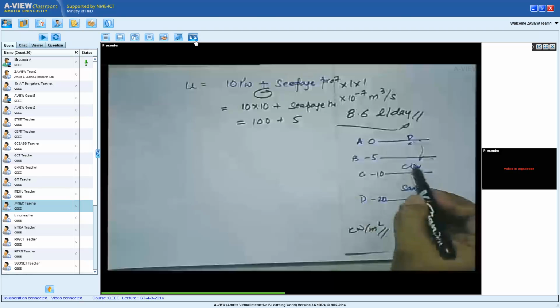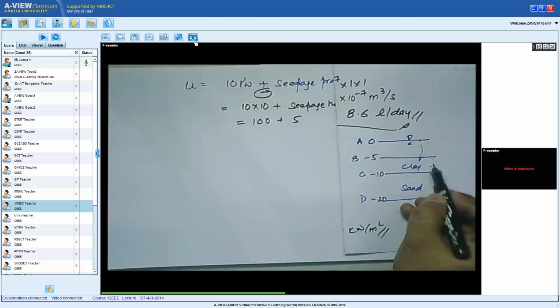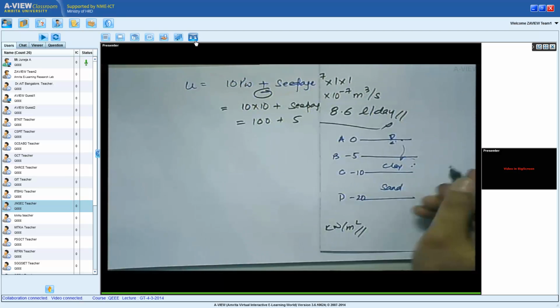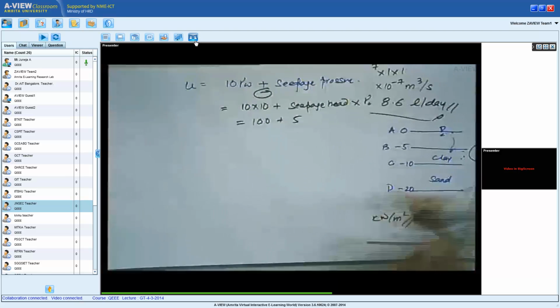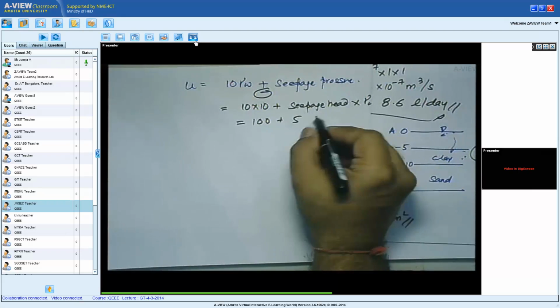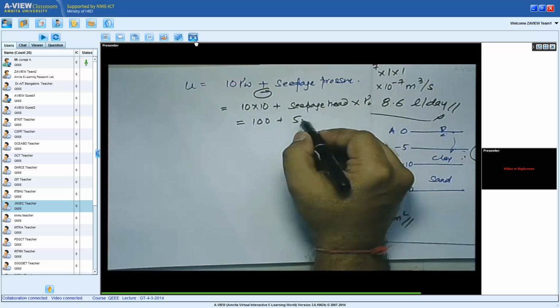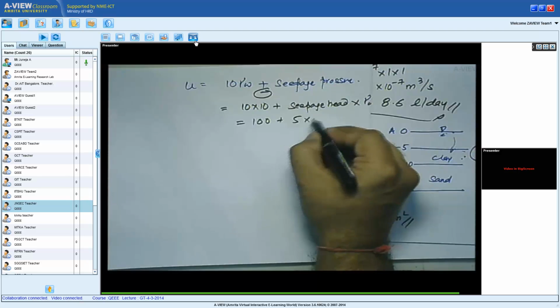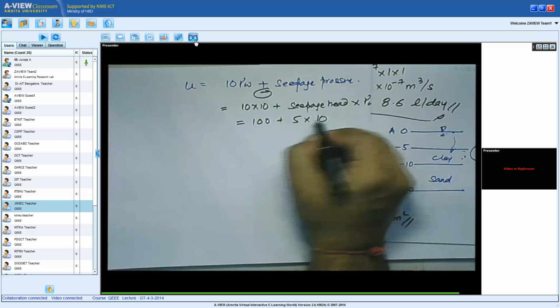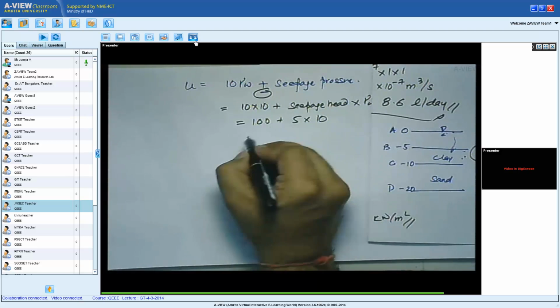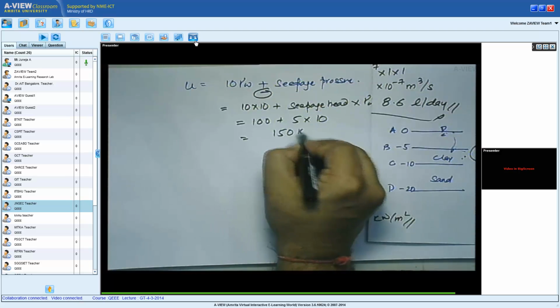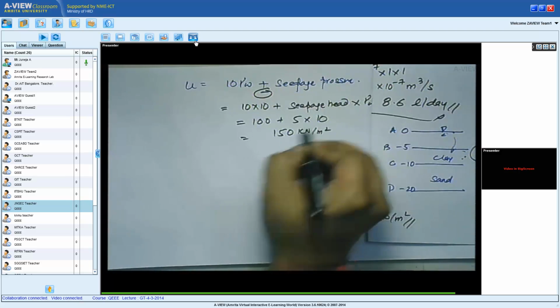Remember, if I have to calculate at any level in between, I just have to see what the seepage pressure is at that level. In the previous class we said i times z. I hope you have done this. But our problem is quite simple today. Seepage head is 5 meters of head, which still remains, times the unit weight of water, which is 10. That gives you 150 kilonewton per meter square.